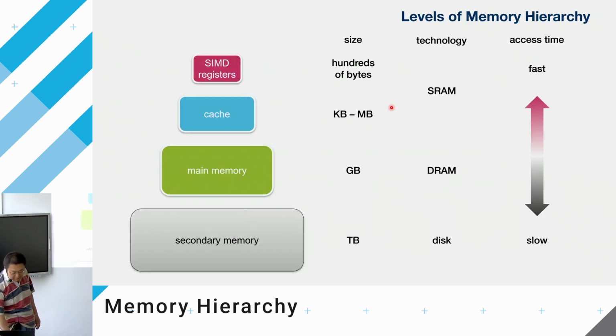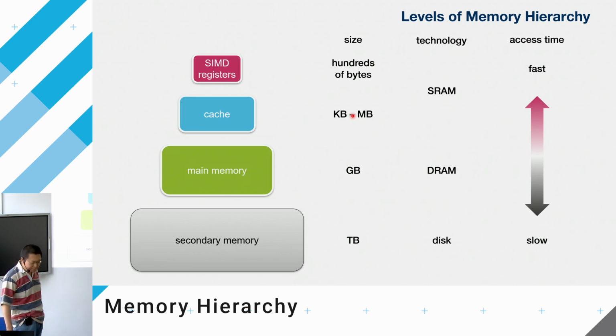This shows you the levels of the memory hierarchy. The first level, very close to the processor, is the SIMD register. It has a size of only hundreds of bytes, using static RAM technology, but the access is very fast. Then you have cache. Maybe you have heard of L1 cache, L2 cache, L3 cache, and so on.